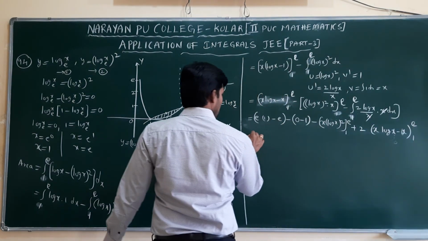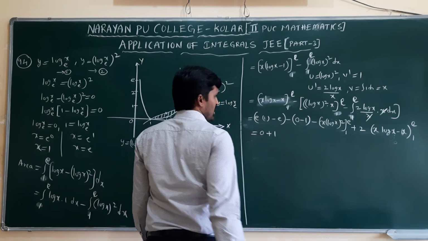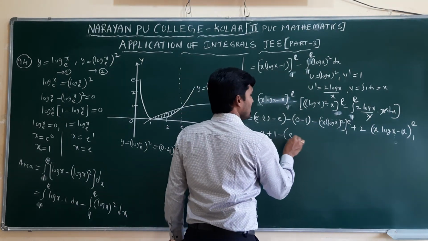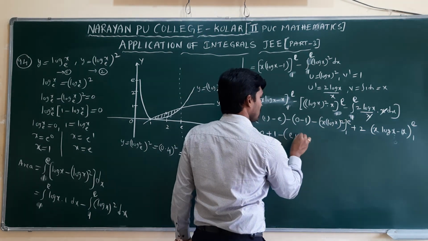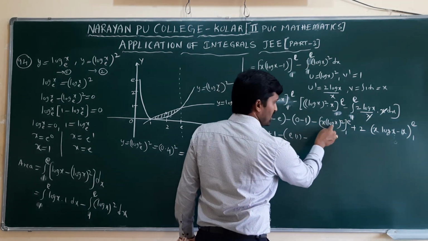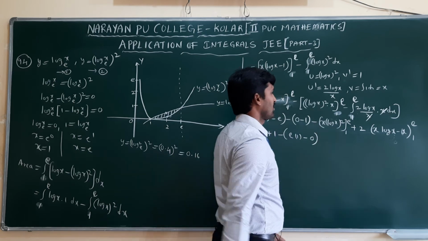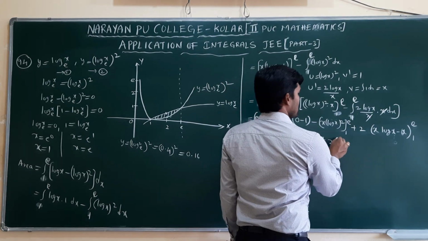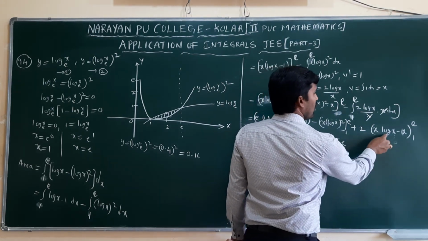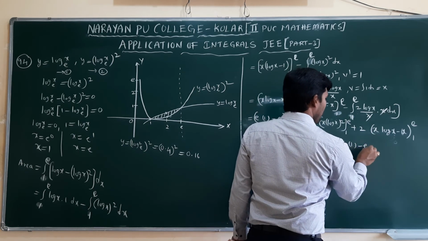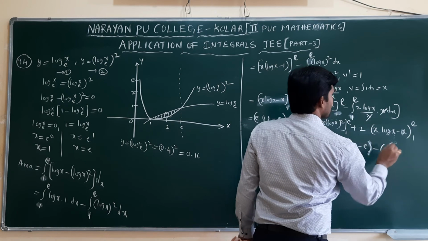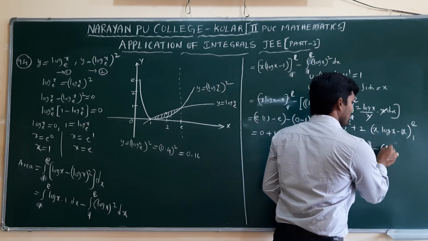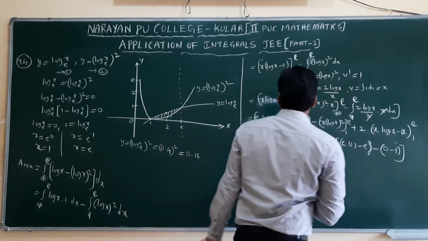Now here e minus e is 0, minus of minus plus 1, minus e into log e, base is e always, that's why 1. Minus, if you substitute 1 into log 1, 0. Next, plus 2 into the upper limit, e log e, base e, is 1, minus e. Minus the lower limit, 1 into log 1, 0, minus 1.